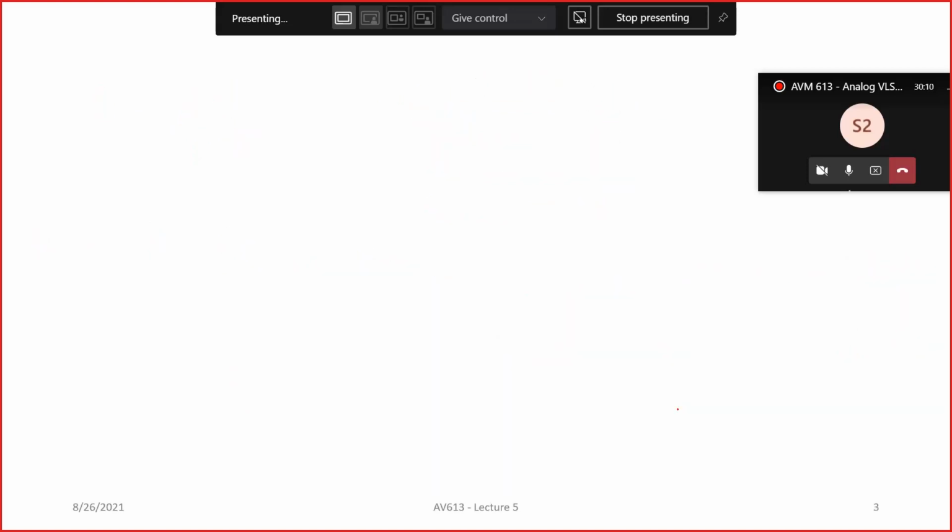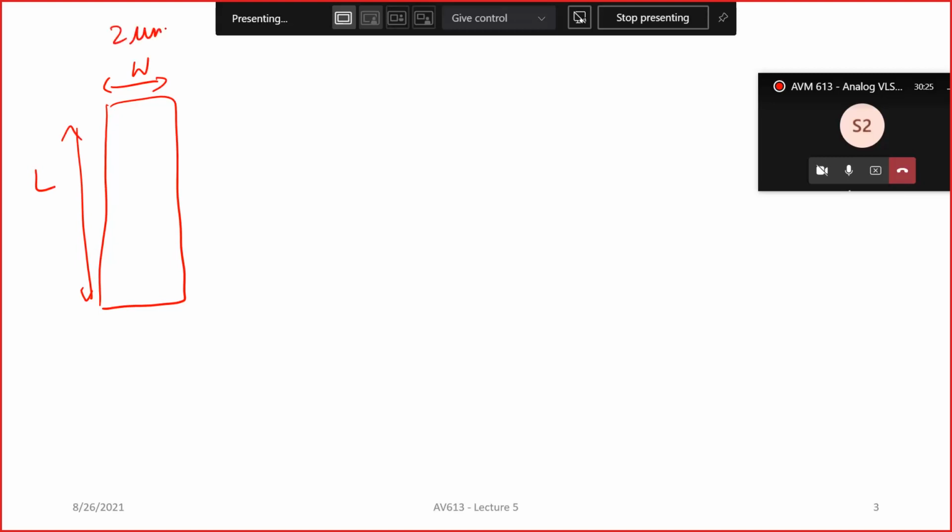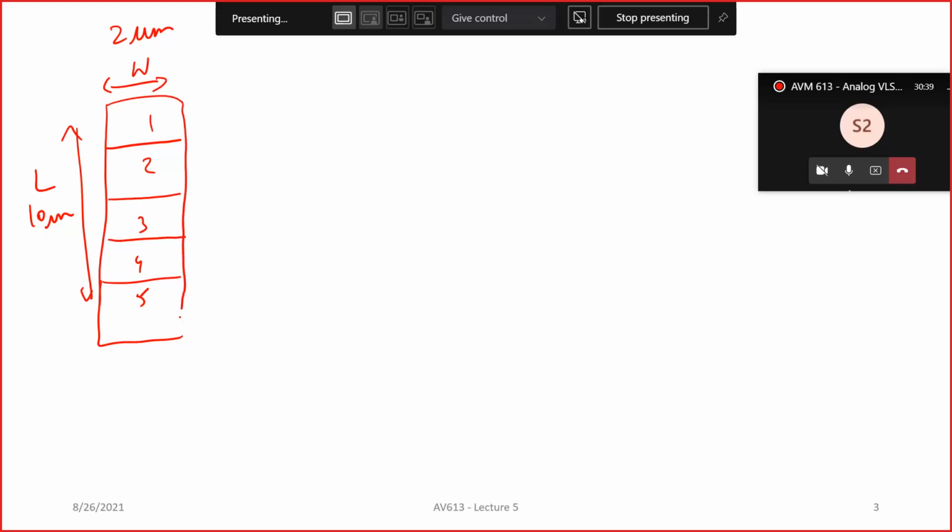If you take the top view, the layout view, this is your W, this is your L. In the case that we had, where this is 2 micron and this is 10 micrometer, you can draw 5 squares here, right? 1, 2, 3, 4, 5. My drawing is bad, but if you can picture this, you can have 2 micron by 2 micron squares. Like that you can draw 5 squares, correct? So therefore the total resistance is 5 times the sheet resistance.